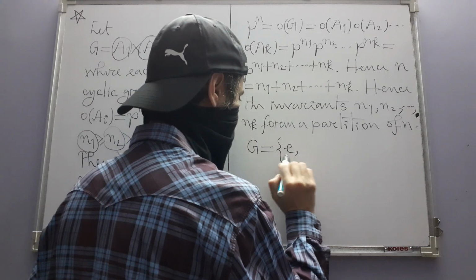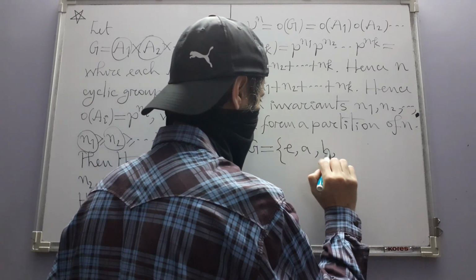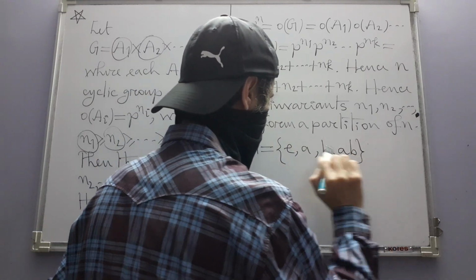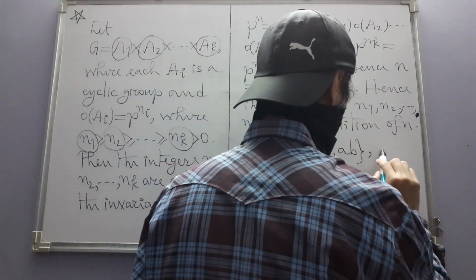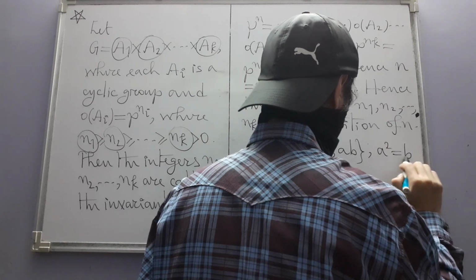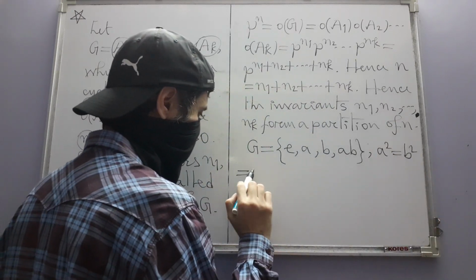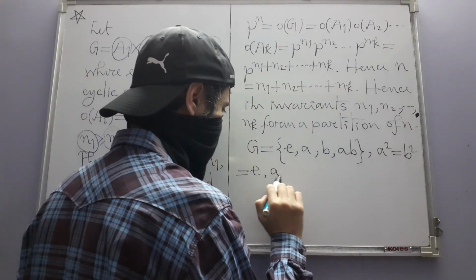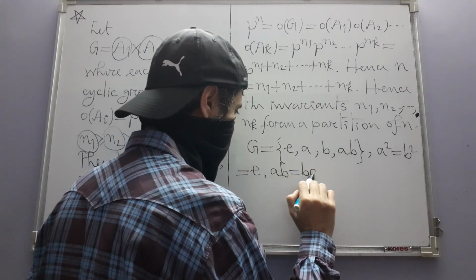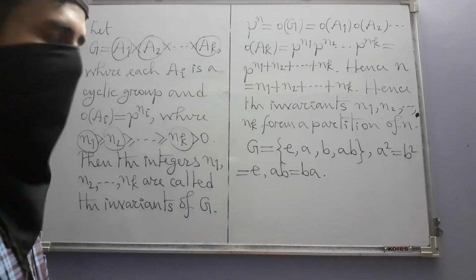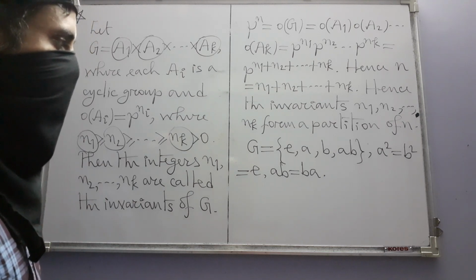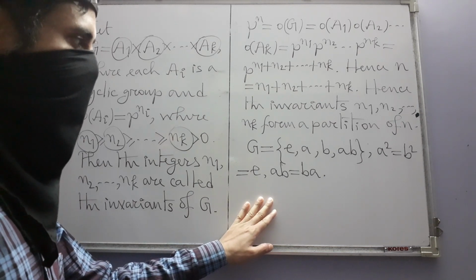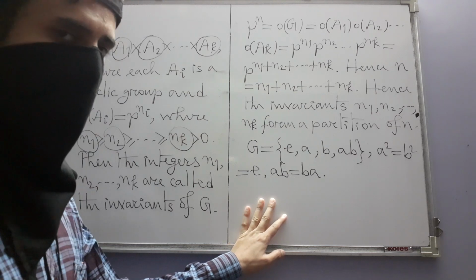You consider this group of order 4, where a squared and b squared are both equal to the identity, and ab is equal to ba. Actually, (ab) squared is also equal to the identity. So it is a group which is abelian, but itself is not cyclic.